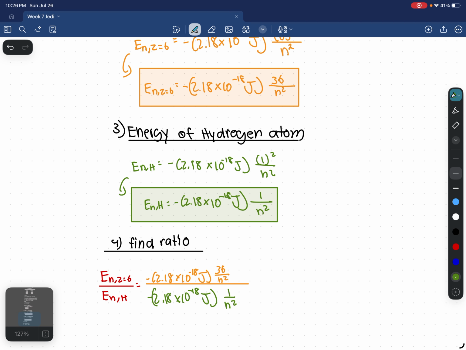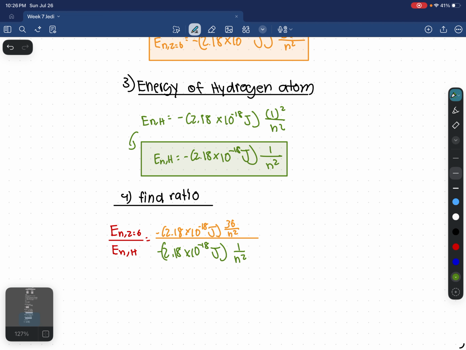Perfect. So now we have this ratio set up, right? But now the constant, the joule units, the negative sign, and the n squared cancel because both electrons are in the same numbered orbit, right? They're both in the 9th orbit, so we don't have to worry about that. So these cancel out, right?